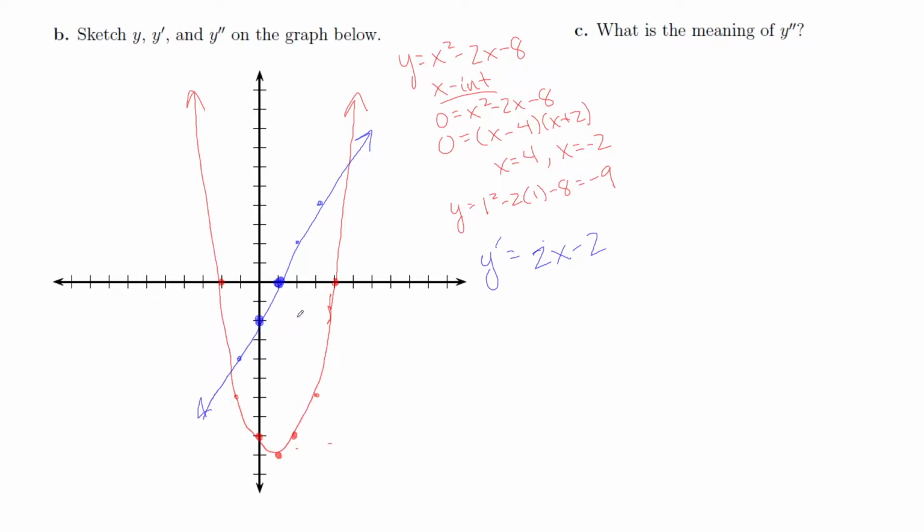But what I want us to look at here is, remember what it means for the derivative to be 0? That's where the tangent slope of the original is 0, and so of course that's exactly at the vertex on a parabola, right? So that agrees. If you sketch tangent slopes along here, they have negative slopes, right?